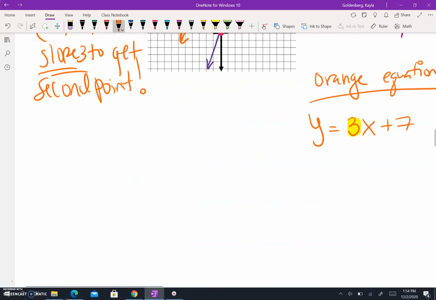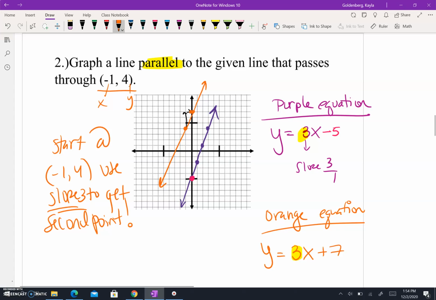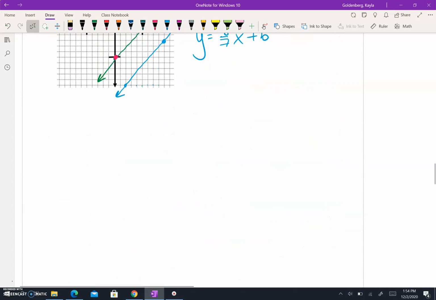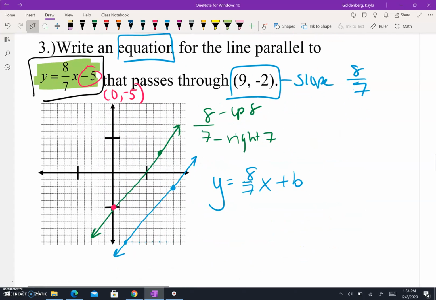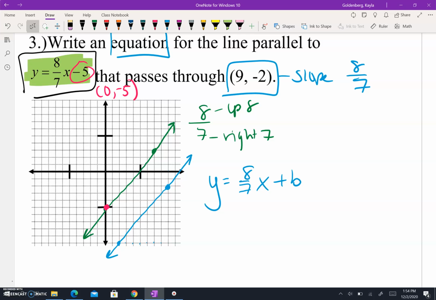I would say number 2 was more like a core level problem. But this is good to review some ideas from graphing lines and equations of lines. If I know that there is a specific point on this graph, right, I know that this point exists. My purple point is 2, -10.